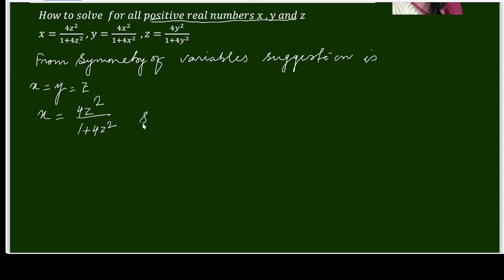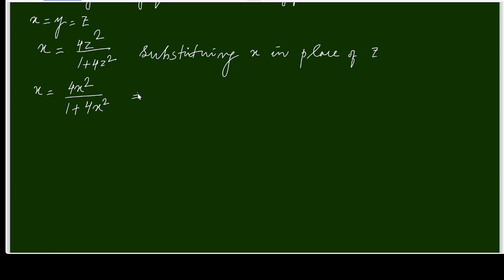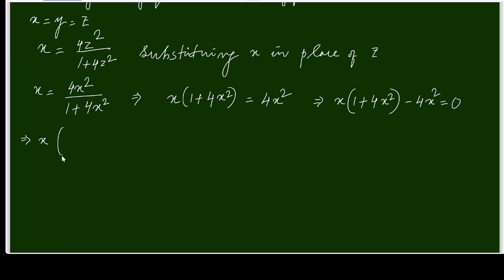So substituting z with x, I'll get x equals 4x square over 1 plus 4x square, or x into 1 plus 4x square equals 4x square, or x into 1 plus 4x square minus 4x square equals 0. Taking x common, we will get x into 1 plus 4x square minus 4x equals 0.